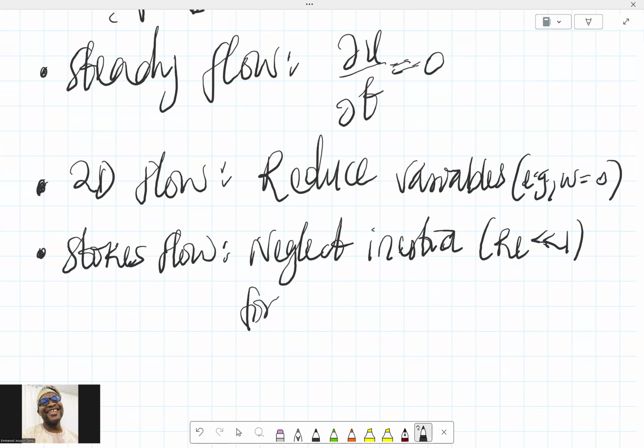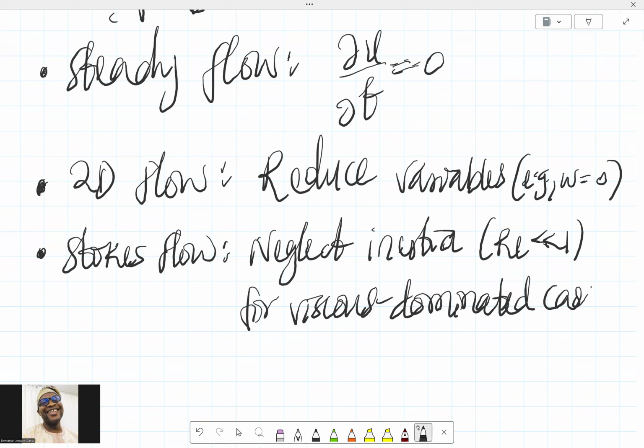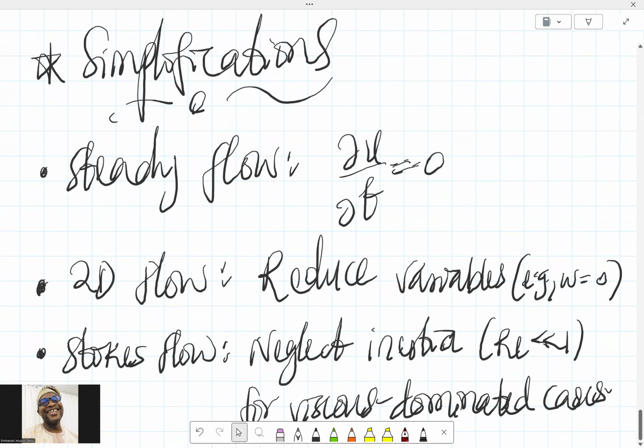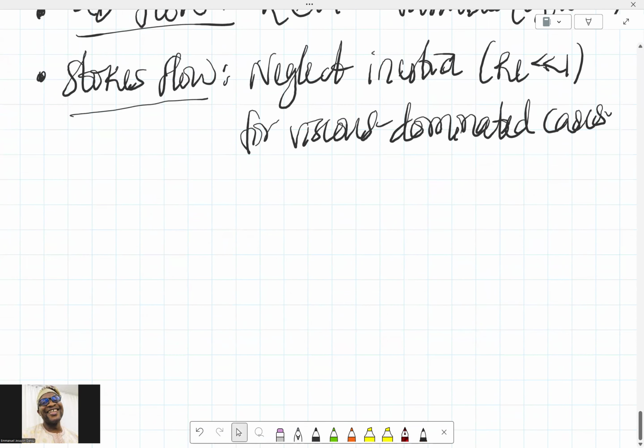So you neglect inertia for Reynolds number less than 1, for viscous dominated cases. I can imagine engine oil, where the viscosity is so high that the flow is very slow. That's Stokes flow.